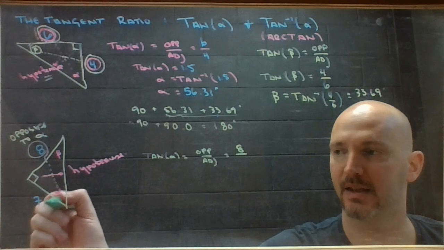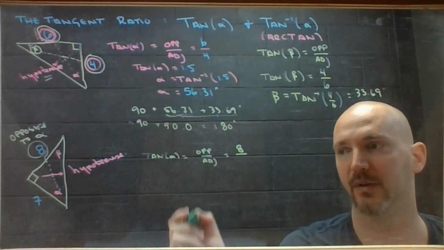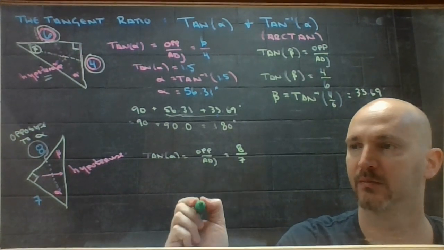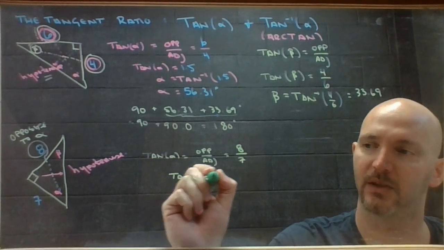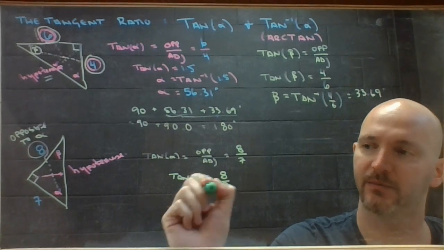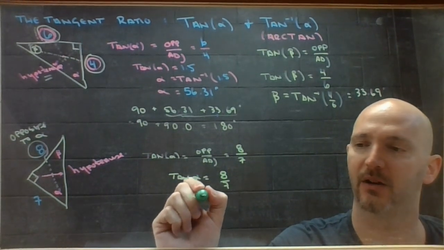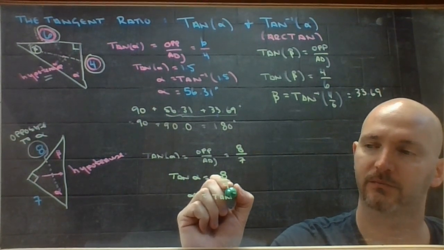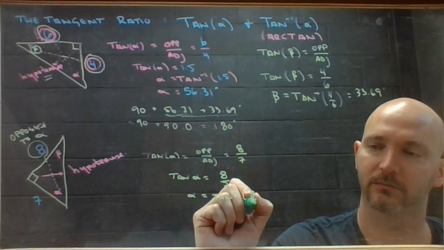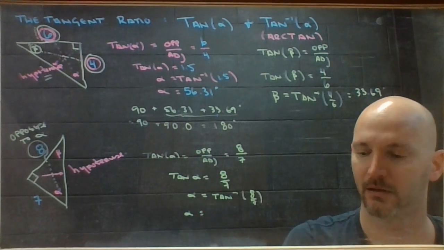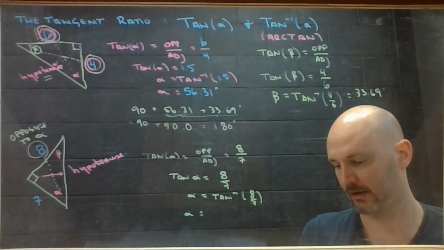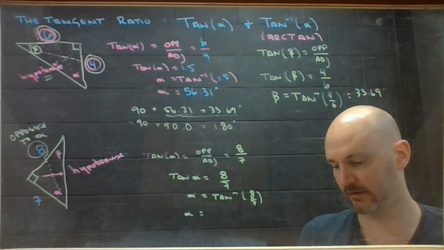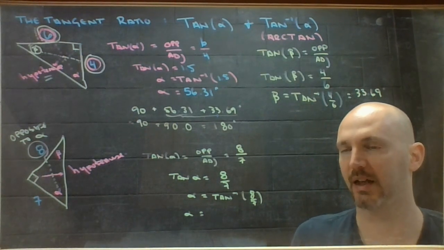That means that this side is adjacent to alpha. So in it goes. So I have tan alpha equals 8 over 7. Throw my arctan over. And I get arctan of 8 divided by 7, 48.81 degrees.